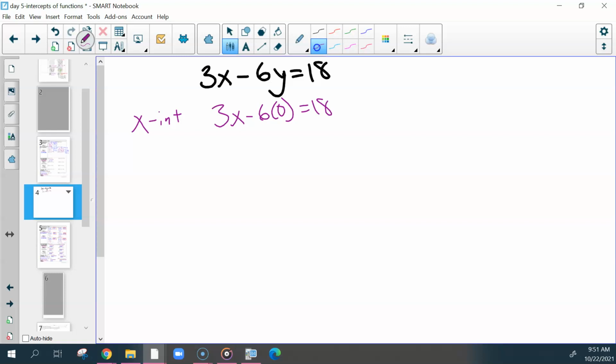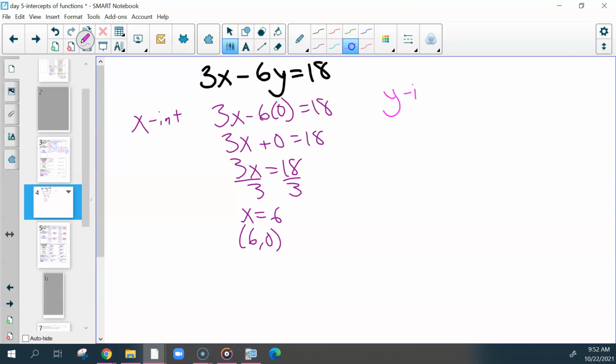And we could solve. So this would just become 0. So really I could just write 3x equals 18 and divide both sides by 3. And then I would do the same thing for y.